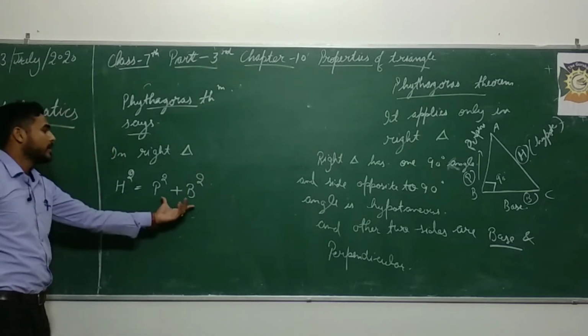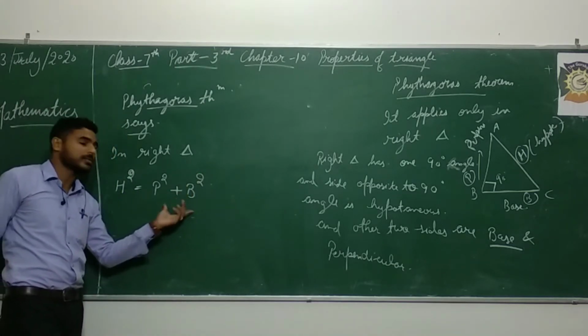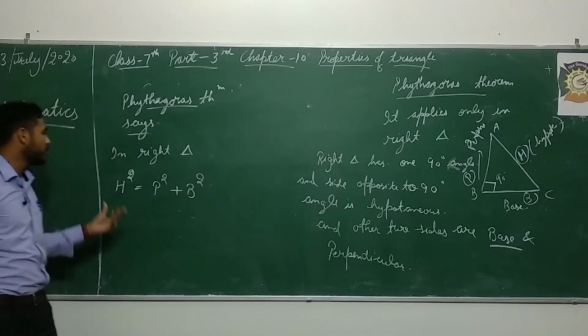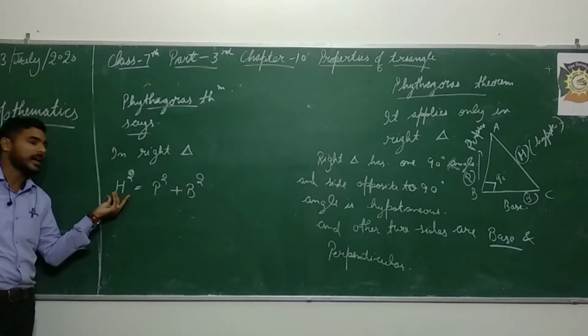It means the sum of the squares of the perpendicular and the base is equal to the square of the hypotenuse.